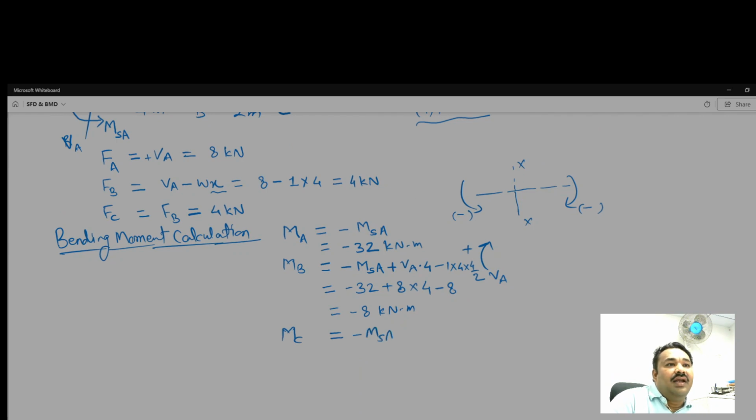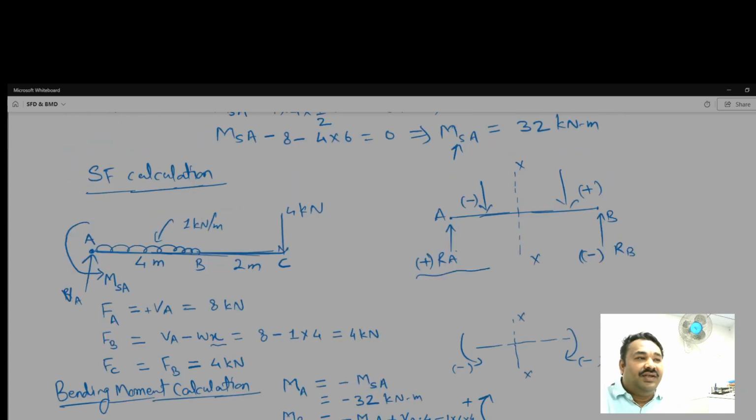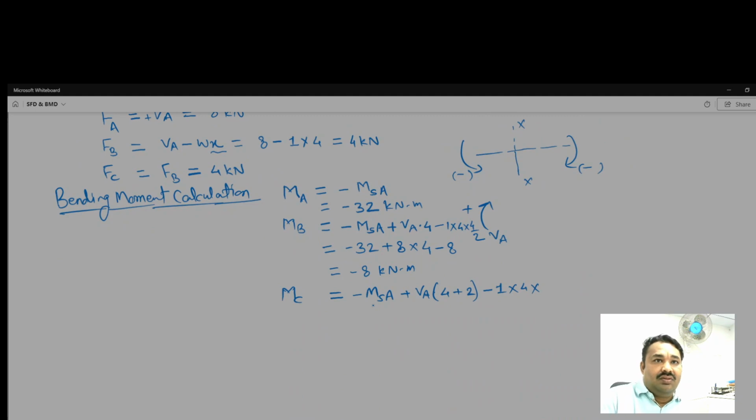Minus MSA, plus VA multiplied by the distance 4 plus 2, and then minus WX, where W is 1, X is the length of the UDL, 4, and the distance from the point C to the center of the UDL is 4 by 2 plus 2.